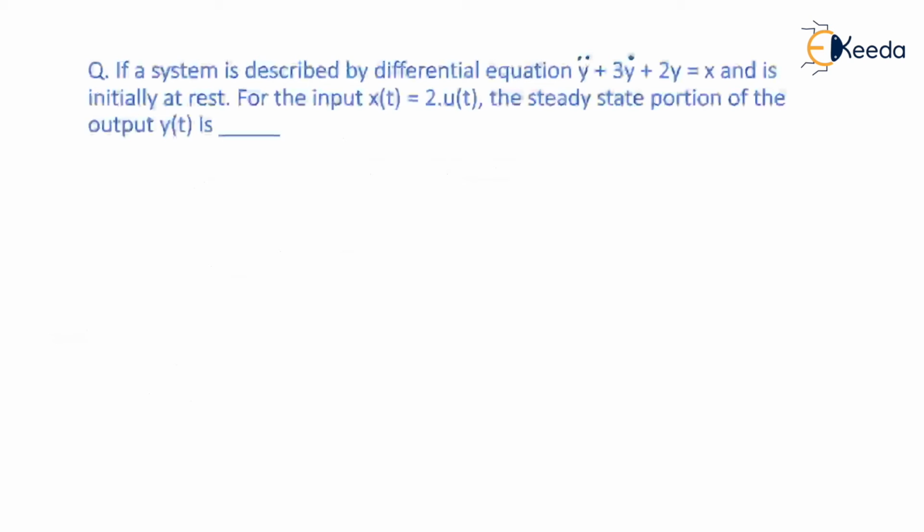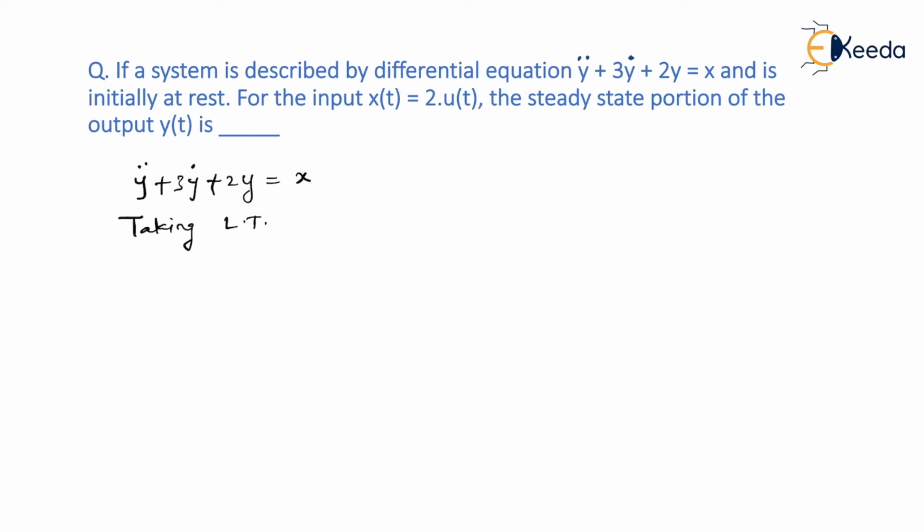So let us see how to go about it. So let me just write the given differential equation so I can start. So y double dot plus 3y dot plus 2y equal to x, right? Again, taking Laplace transform, you know very well, y double dot means the double derivative of y.